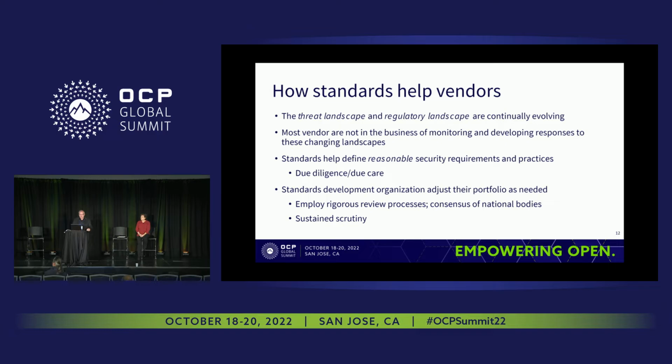Right? So the advantage of tracking this is that as the threat landscape changes, as the regulatory landscape changes, ISO, for example, does make adjustments to its standards. And I can tell you over the last 2 weeks, the ISO committee was meeting. They've started work on post-quantum crypto, finally.